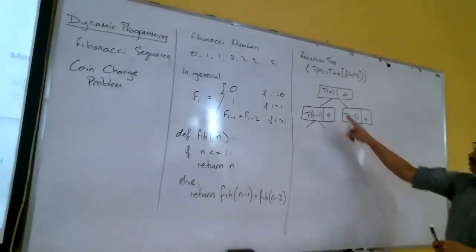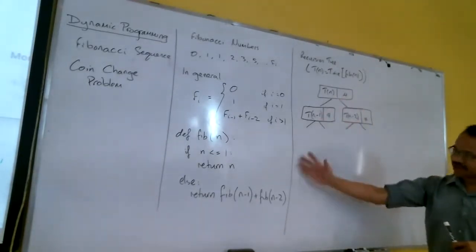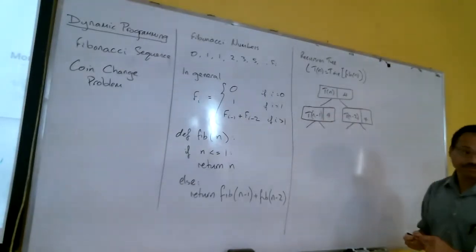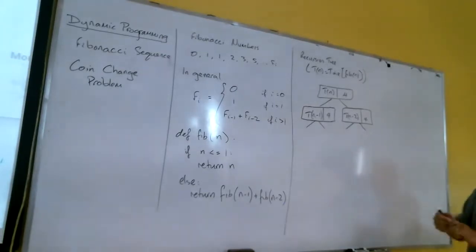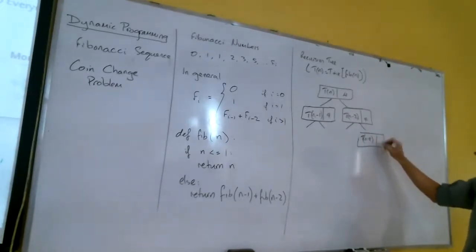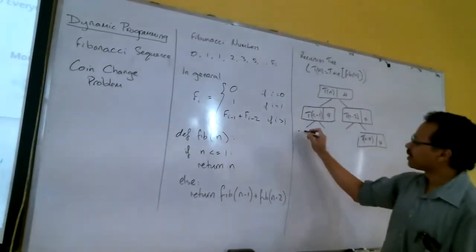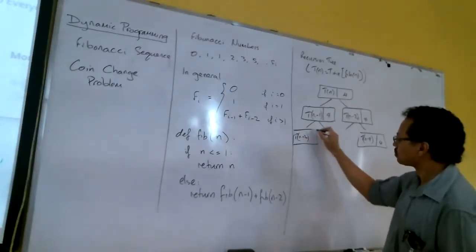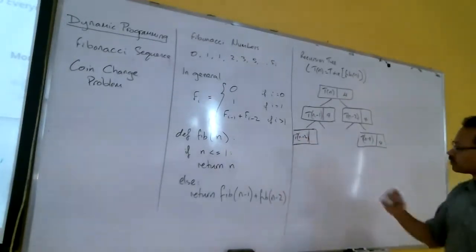It's to point out that the eventual length of my tree is going to be much higher on the left side than on the right side, because this one is decreasing by 2 at a time. So over here, I'll have T of n minus 4. And way over here, I only have T of n minus 2. Agreed? Okay.